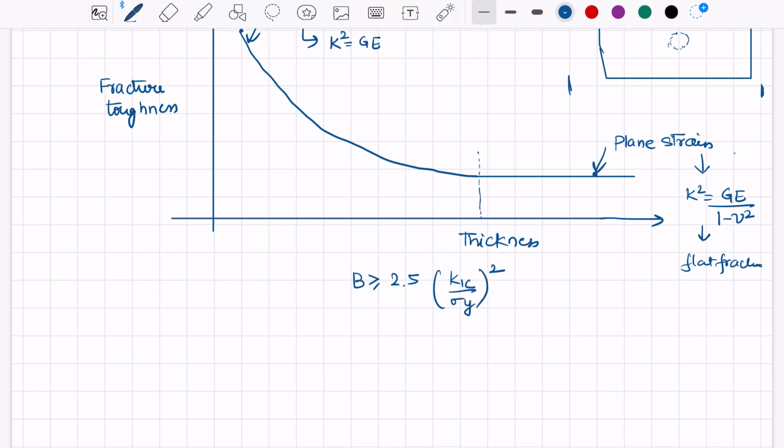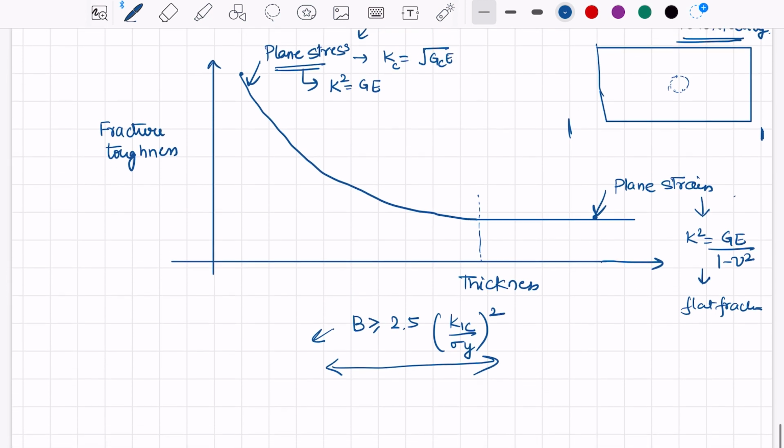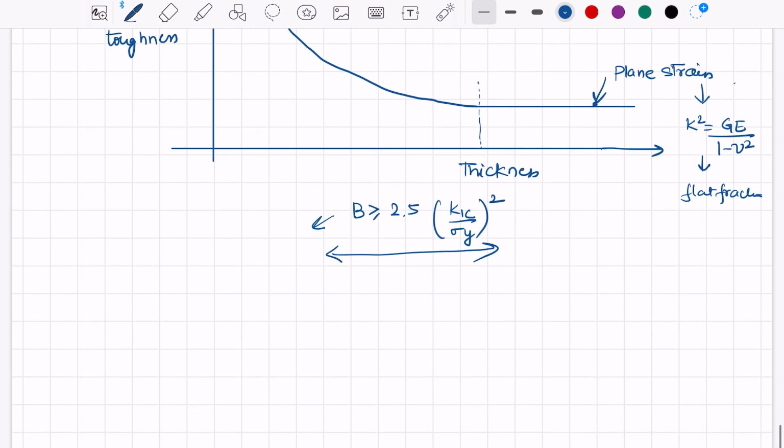So if the specimen exceeds this thickness, in that case the material undergoes plane strain failure. However, if the specimen has lower thickness than this, in that case the material undergoes plane stress failure.